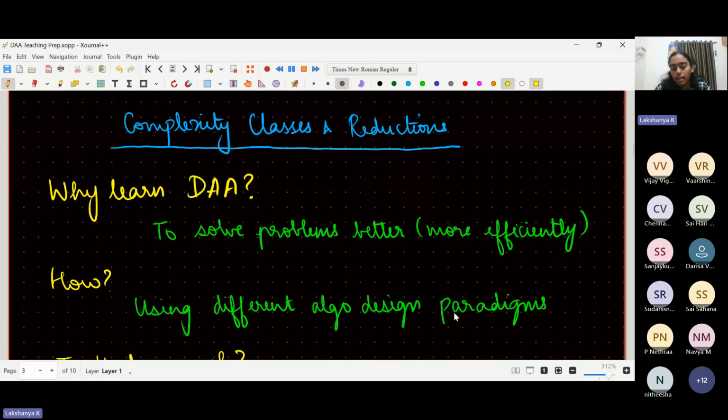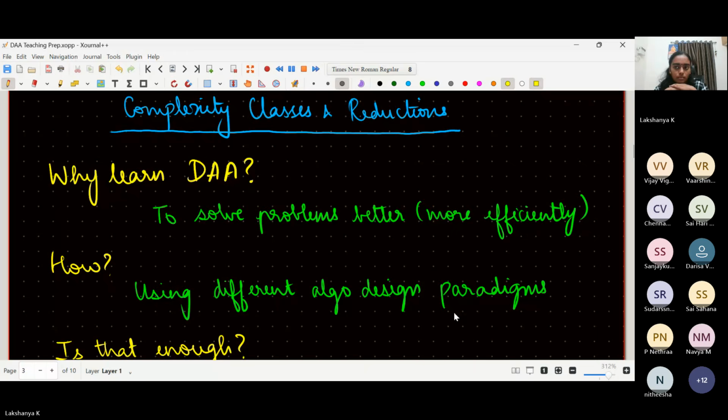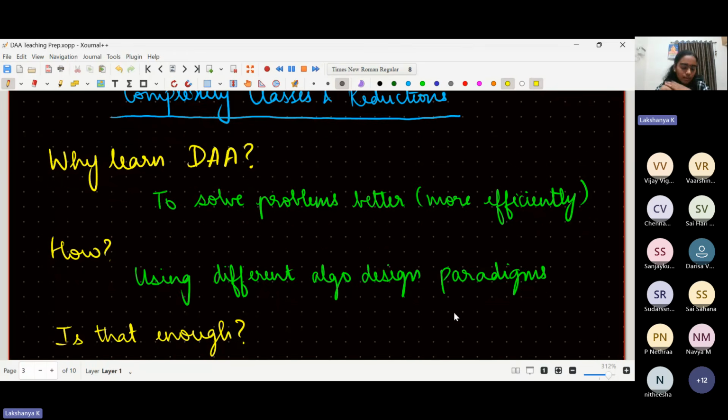But is that always enough? If yes, you can justify. If not, then give me a scenario where you think just looking at different design paradigms is not enough. Anyone?